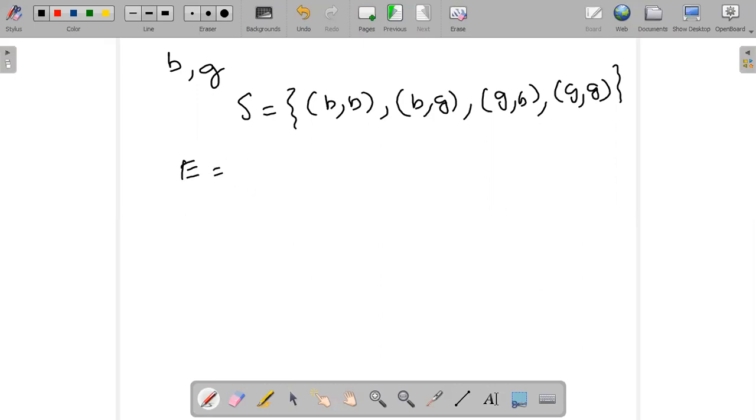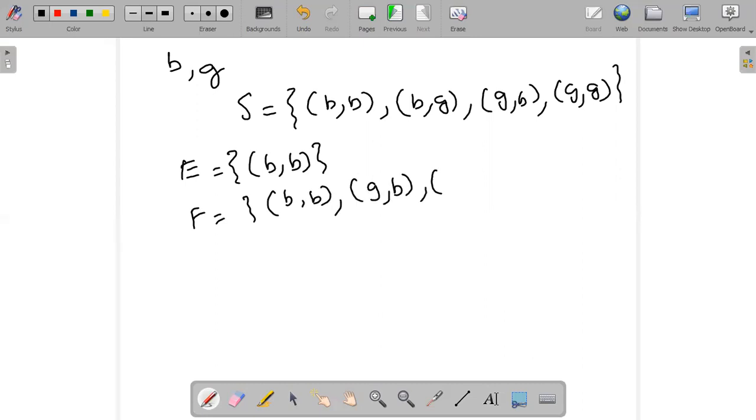Let us put that as event E: both the children are boys, so you will have BB. We'll take another event F, in which at least one of the children is a boy. So you can have BB, GB, and BG.